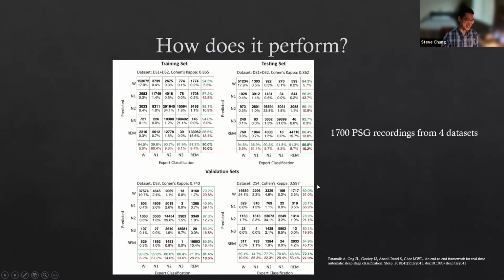This is another study taken from 1,700 PSG recordings, with the same kind of confusion matrices, but here you can see that there are two different sets, a training and testing set, and their respective Cohen's kappa scores. It ranges anywhere from 0.7 to 0.8 for this software.